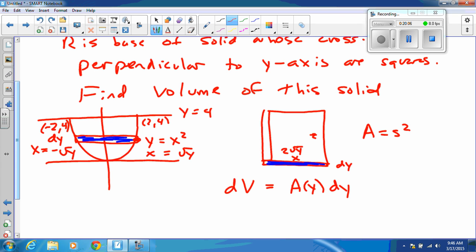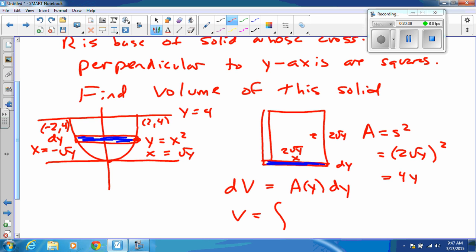So I can label this as 2 root y because of the representative element. And because the shape is a square, I can label this guy as 2 roots y as well. And therefore, the area is going to be 2 roots y squared, or 4y.